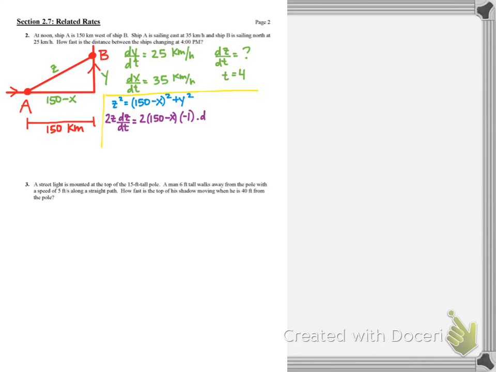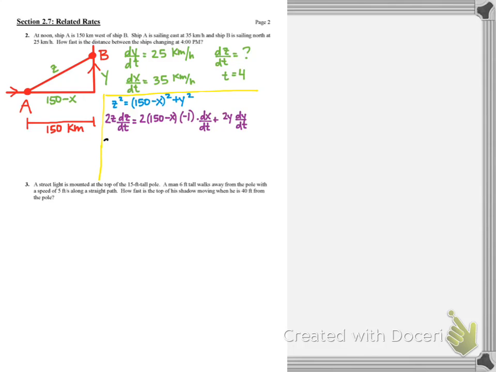And then plus, don't forget your dx/dt, because we took the derivative with respect to x. Then that would be plus 2y dy/dt. Notice since we're taking the derivative with respect to t, every variable that we take the derivative of needs a dz/dt, dx/dt, or dy/dt.